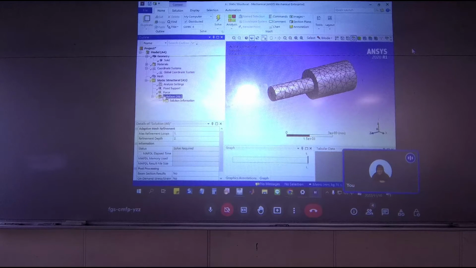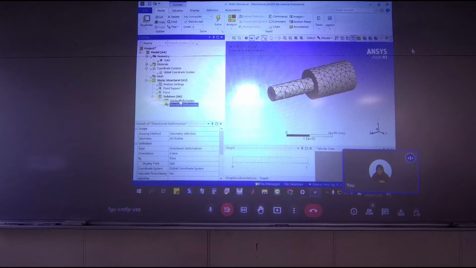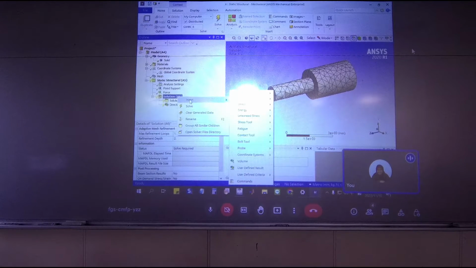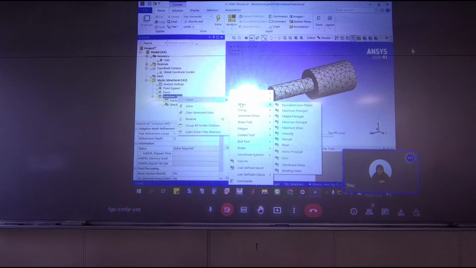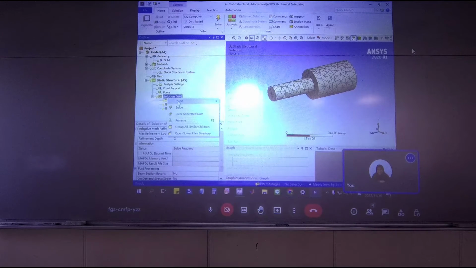So for the solution, can you turn on this deformation and say directional? Okay, and one more. Stress, say equivalent Lami's. Okay, and one more. Stress again.